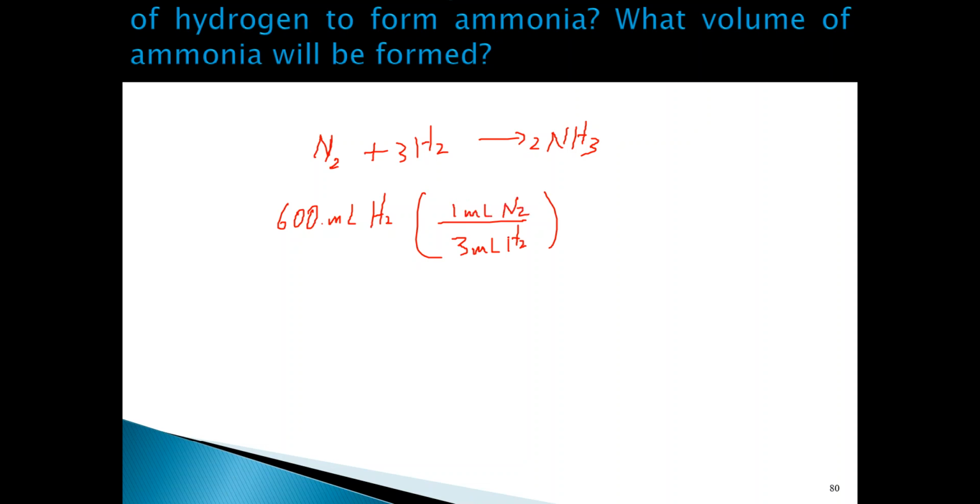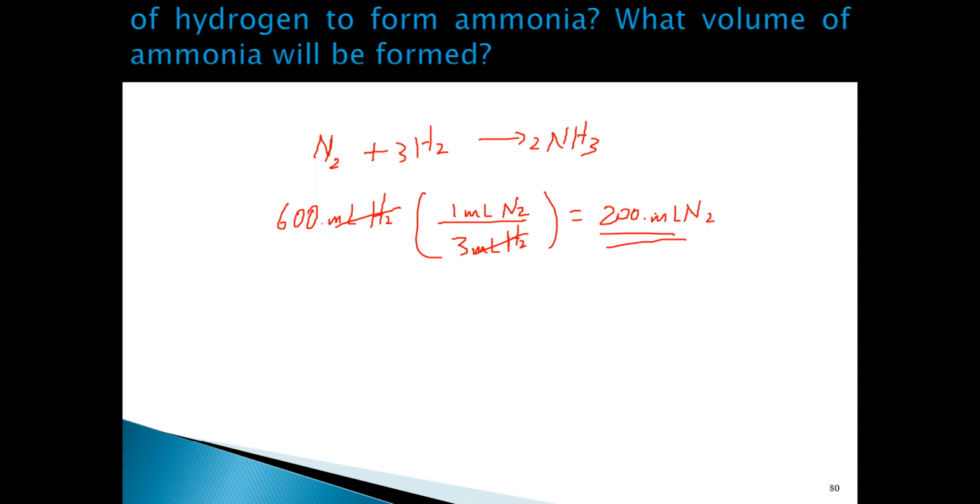All right? And of course, this will cancel with this. And when you work this out, you're going to get 200 mL of N2. And that's basically how that is done. All right? Okay, so that's how that type of calculation is carried out.